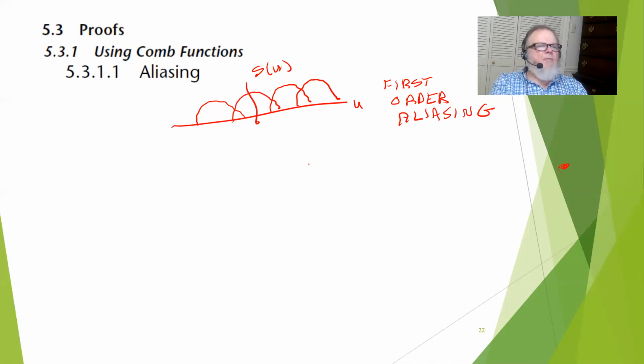Think, for example, of a duet between a flute and a tuba. We know that the flute is high frequency and the tuba is low frequency. So if we were to look at the band of a flute and a tuba, we would say that the tuba might be down here. These are audio frequencies. And the flute might be up here, right?